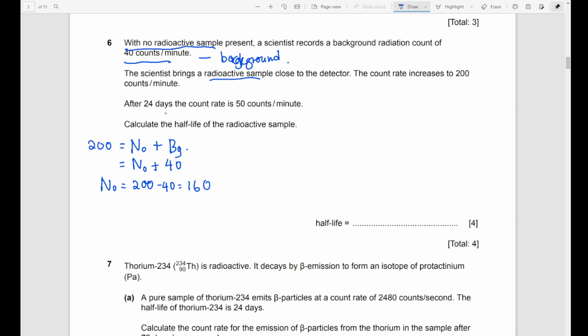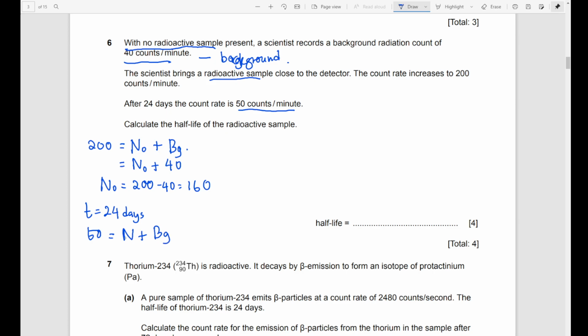And then after 24 days, the count rate is 50 counts per minute. So again, this 50 counts per minute is actually the reading coming from the sample plus the background radiation.